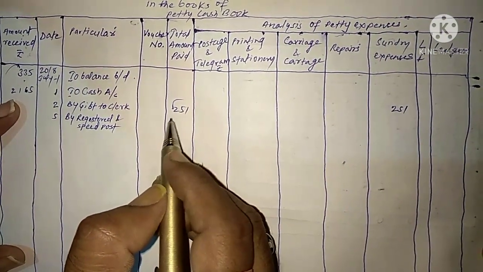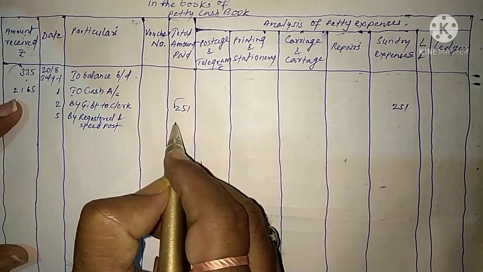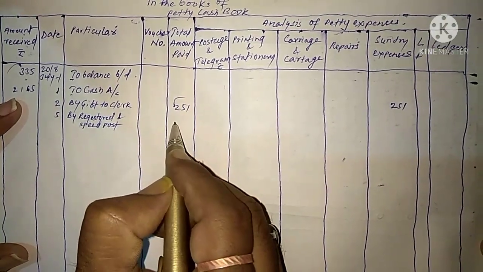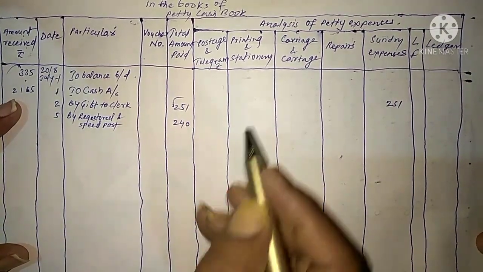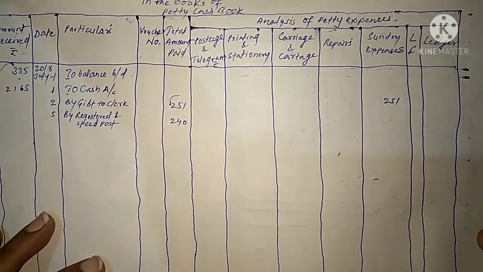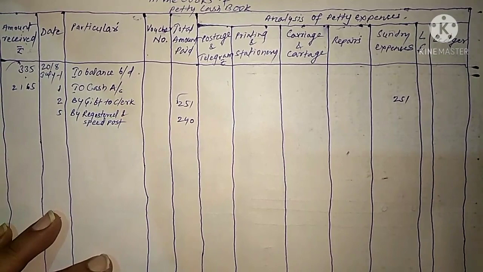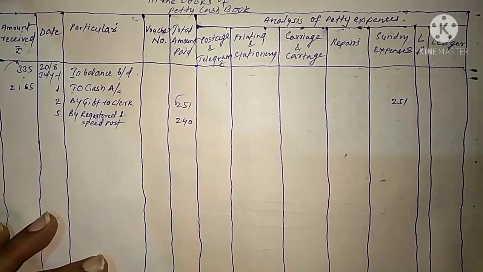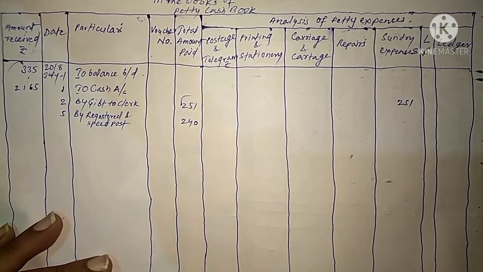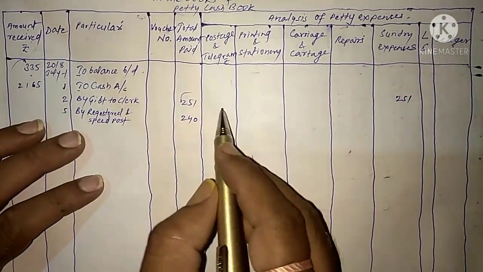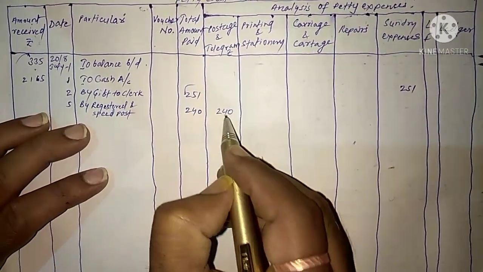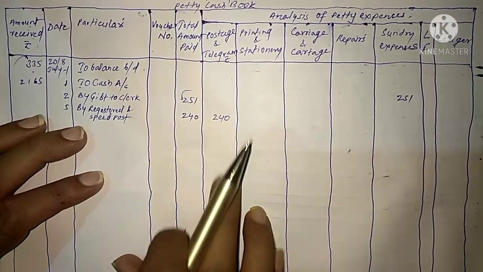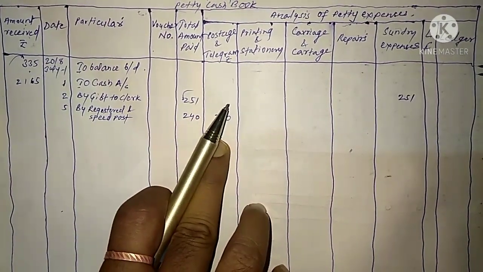And amount is 240. First we have to write to the total amount paid column, that is 240, and then we have to show the amount in their respective accounting head, that is postage and telegram 240. So this will go to the accounting head, that is postage and telegram.